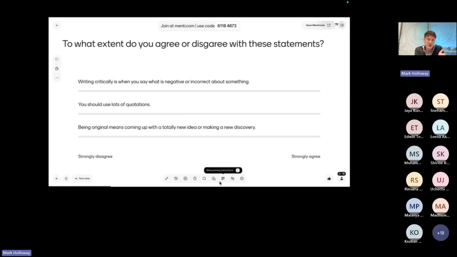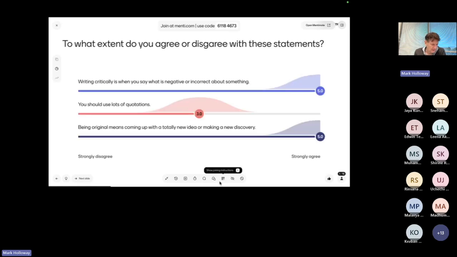In an assignment, you should use lots of quotations, and being original means coming up with a totally new idea or making a new discovery. Again, I'll give you a couple of minutes to mark your position in relation to these statements from strongly disagree to strongly agree.